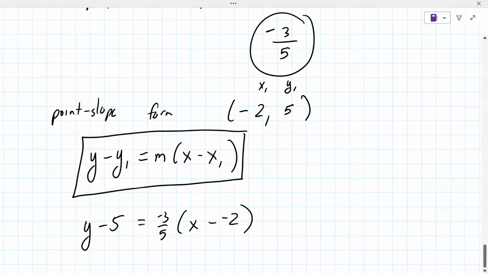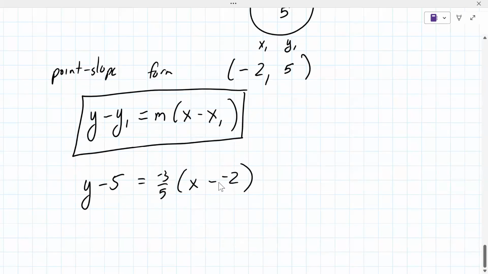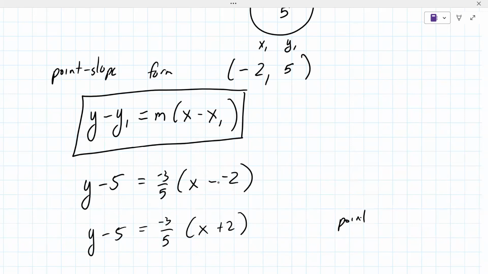All right, so this is almost done. Now you do want to combine the signs here. So if you see a double negative like this, you do want to make it positive. And this is done for point slope form, completely done.